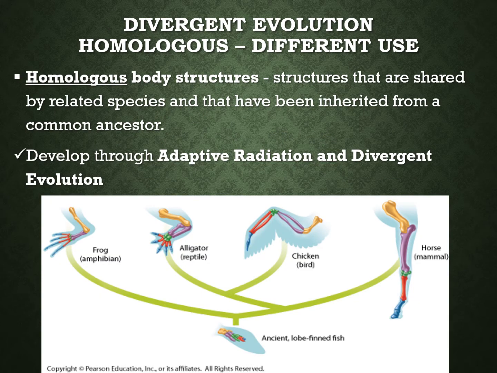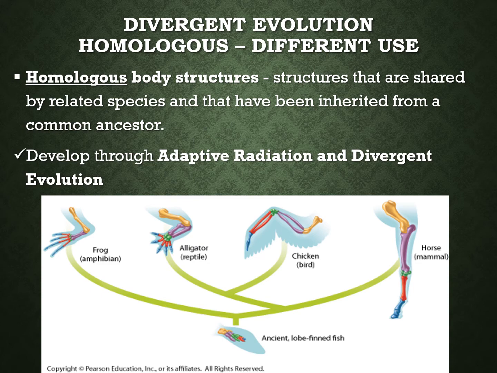Okay, so looking then at some of the different types of structures that correspond to these different types of evolution. For divergent evolution, we have homologous structures. Homologous body structures are structures that are shared by related species and that were inherited from a common ancestor.